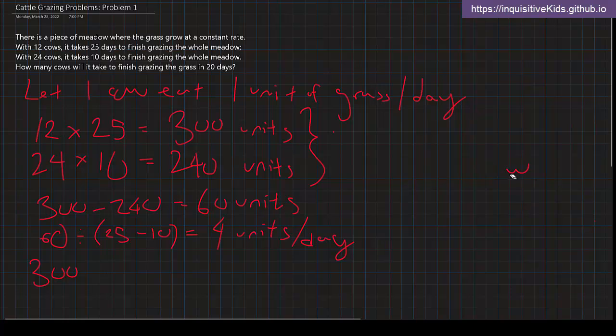So now we're trying to find the amount of old grass. We take 300, the total units of grass, and from that we subtract the new grass, which grows at a rate of 4 units per day, and there were 25 days of growing. So 4 times 25 equals 100, and 300 minus 100 equals 200. So at first, there were 200 units of grass.